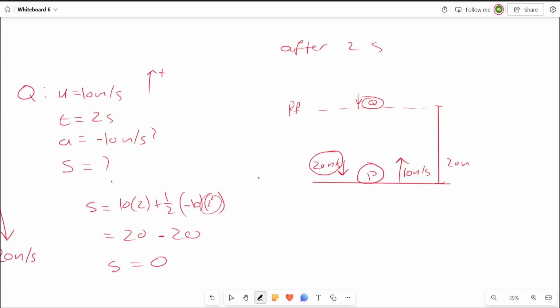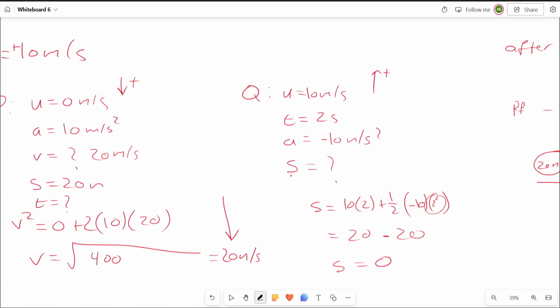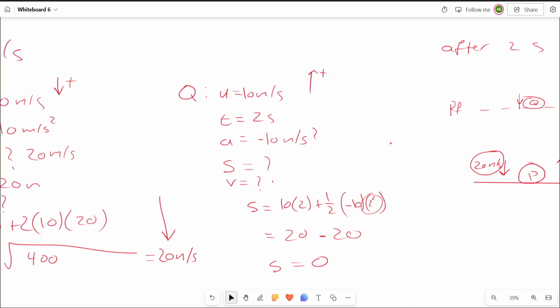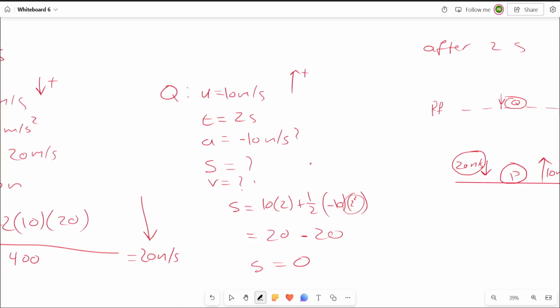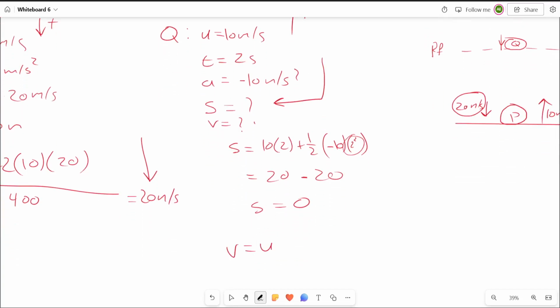But before that, from here, I will need to calculate what is the v at this instant. So again, I'm going to use the equation without an s, which is v equals u plus at. So v equals u, which was 10, plus a, which is negative 10, times time, which was 2 seconds.